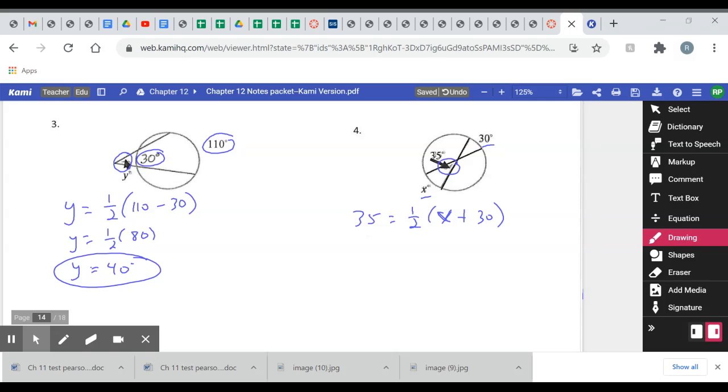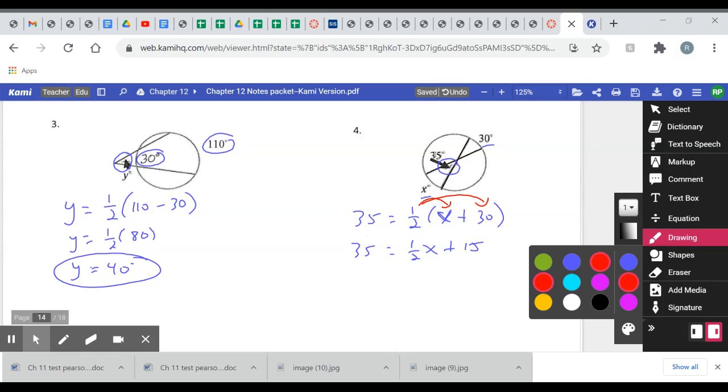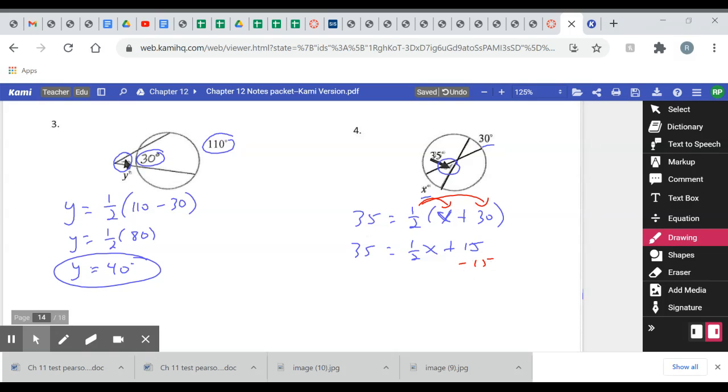And now last time I multiplied both sides by 2. This time I'm going to show you if you prefer to distribute the 1/2. That's fine. Either way is going to work. So in this case, I get 35 is equal to 1/2 X plus 15. You just have to make sure you distribute it to both terms. From there, I can go and subtract 15 from both sides.